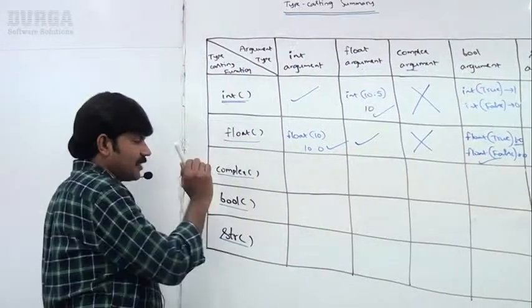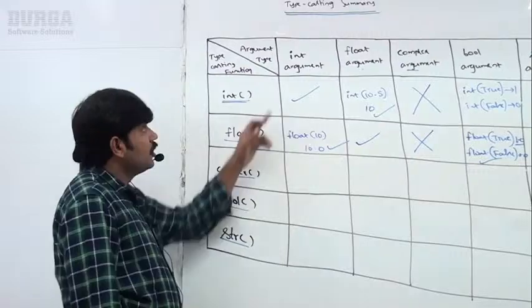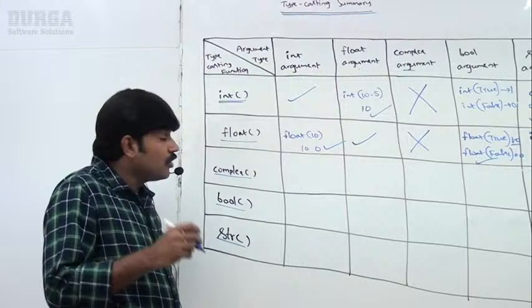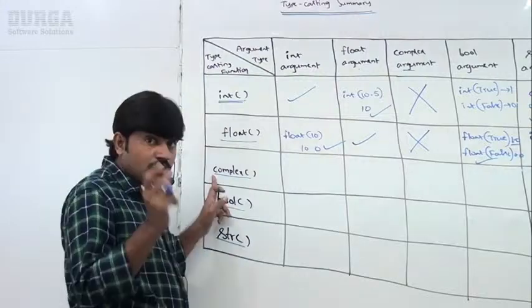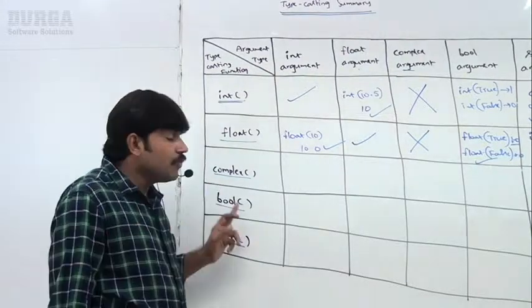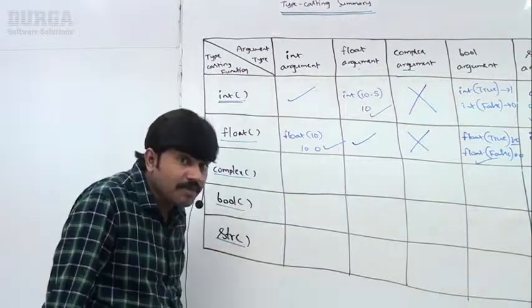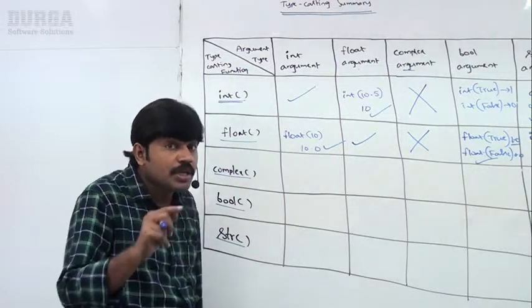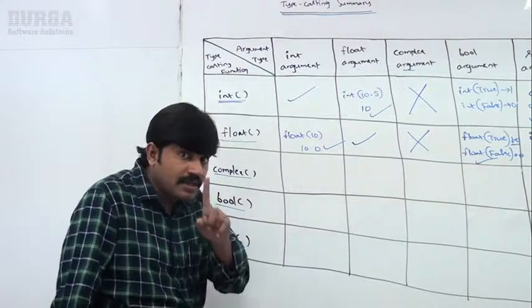Sir, what about complex? I want to convert an int argument to complex. There are two forms of the complex function available, one argument and two arguments. If you are passing one argument, it will become the real part.